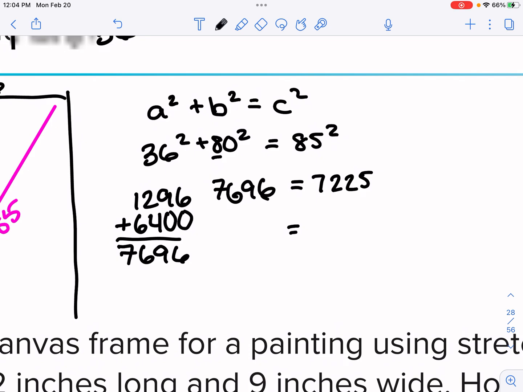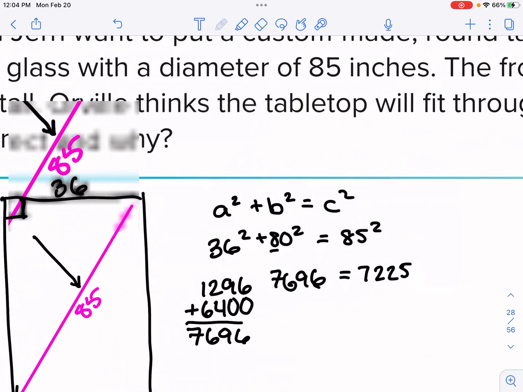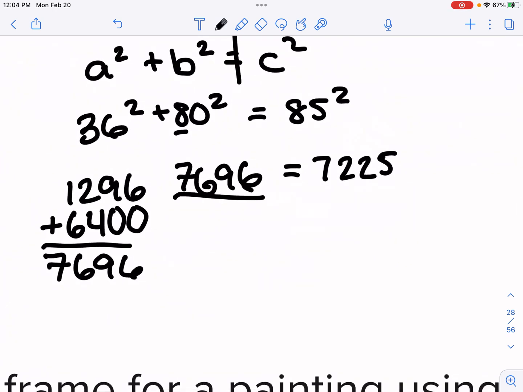So what this is saying is that everything to the left is the door. To the right is that glass tabletop. So we'll just put glass. Since the door number is greater than the glass number, that means we have enough room for this tabletop to fit.